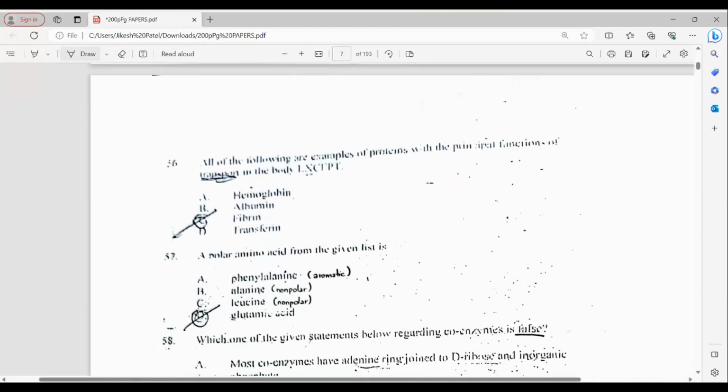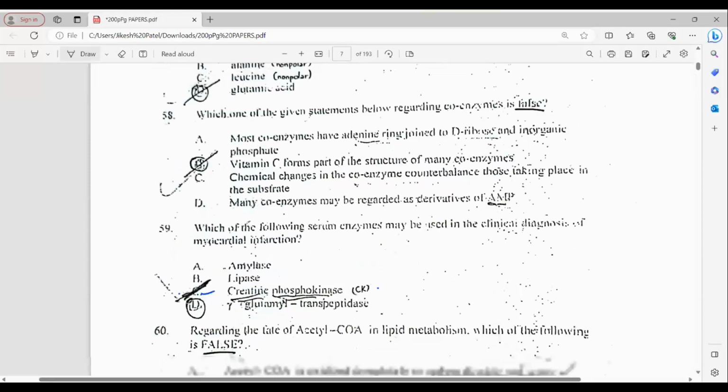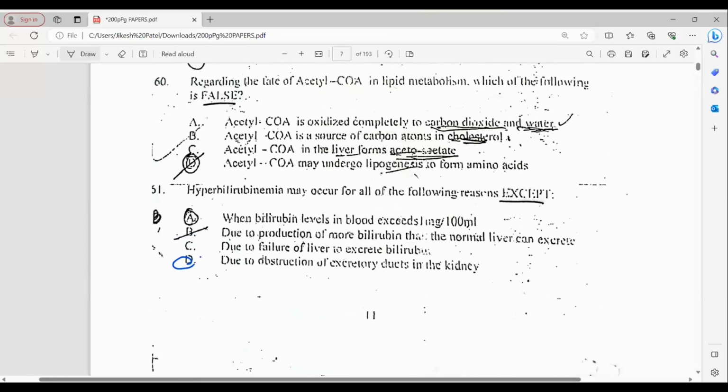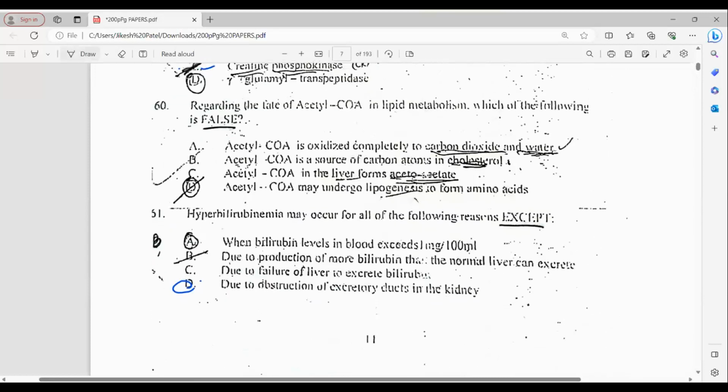Just a question on hyperbilirubinemia. We excrete bilirubin from the kidneys, so if the kidney has an issue, wouldn't it cause hyperbilirubinemia? But the bulk of bilirubin is excreted in feces and not in urine.